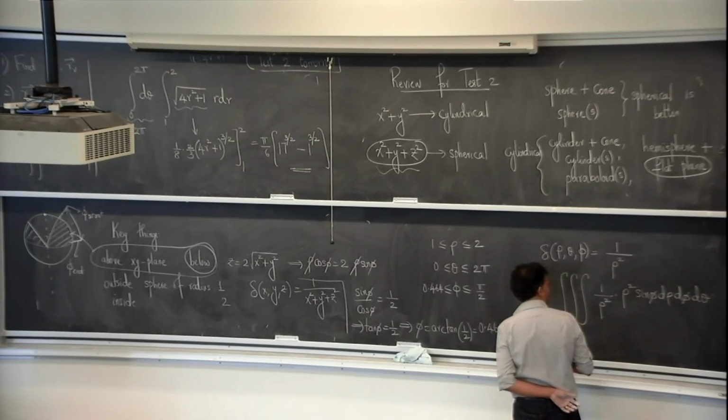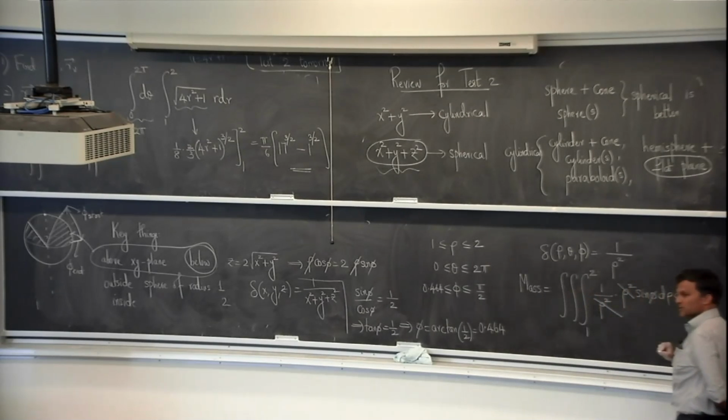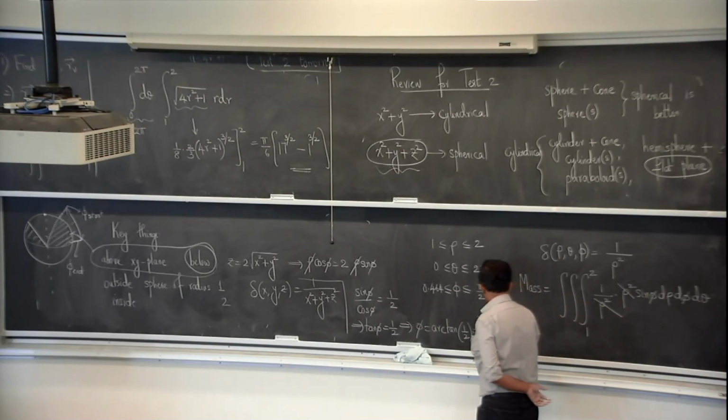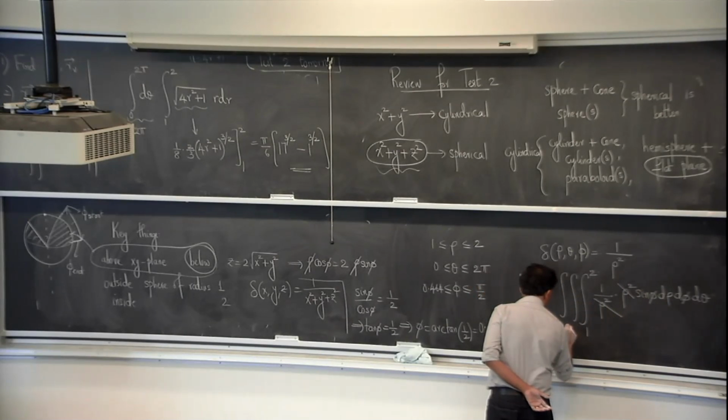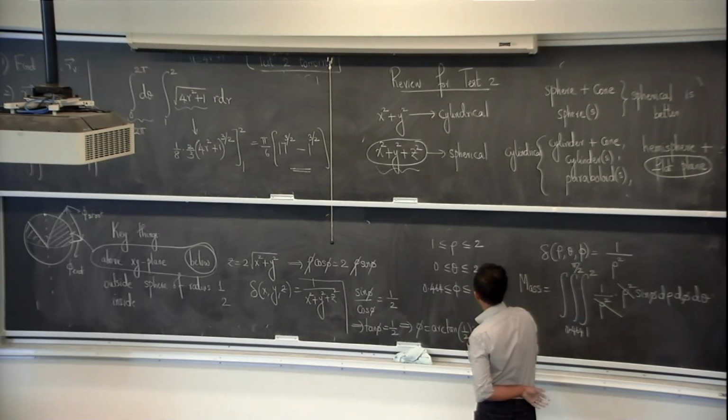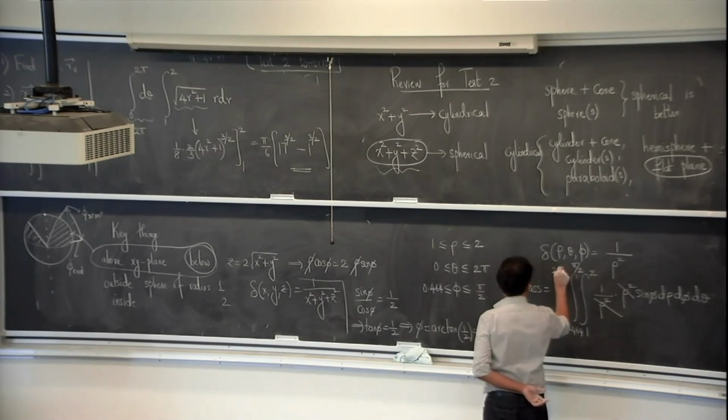Since I'm doing rho first, that goes from 1 to 2. Can cancel the rho square actually, so it was nicely designed for you. Phi goes from this rather unsavory number 0.464 to pi over 2, and theta goes from 0 to 2 pi.